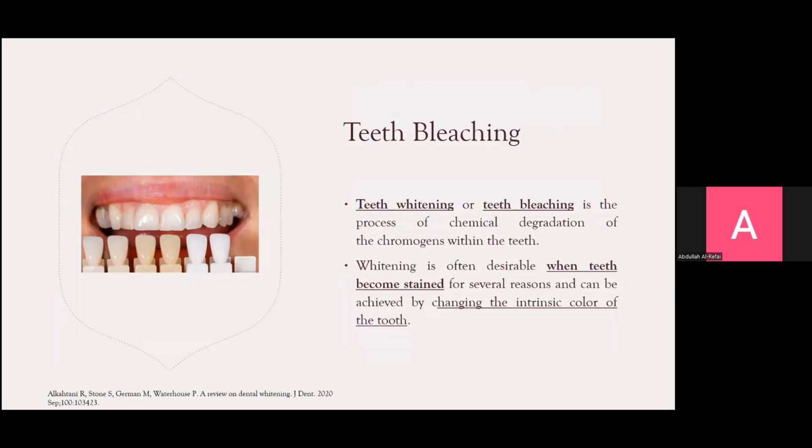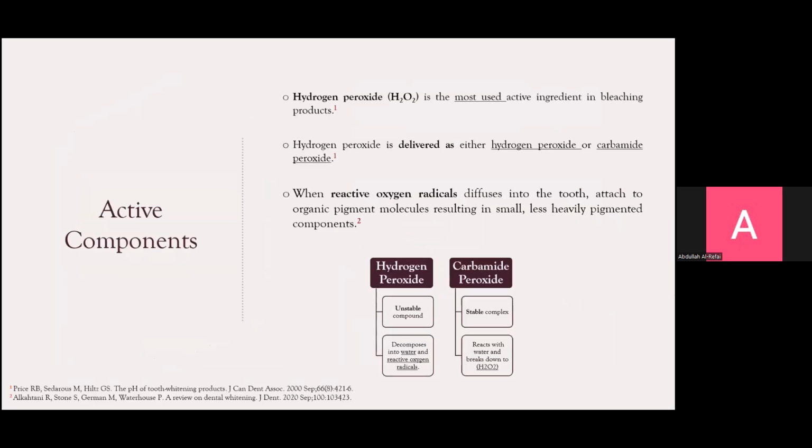Now, teeth bleaching. Teeth bleaching is the process of chemical degradation of the chromogens within the teeth. Bleaching is often desirable when the teeth become stained. Now, what are the active components in a bleaching agent?